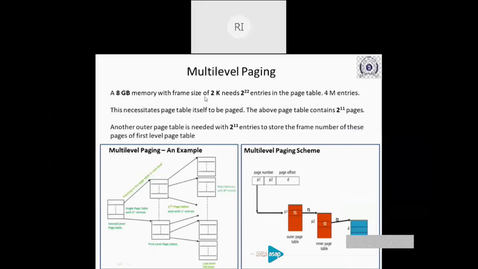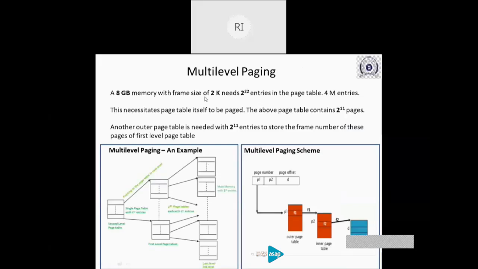So 2^22 by 2^11 will give again 2^11 pages, or frames, required to store this page table. That forms the first level. Here you can see that we need 2^22 entries in the page table, so definitely 2^11 pages will be there in the page table.